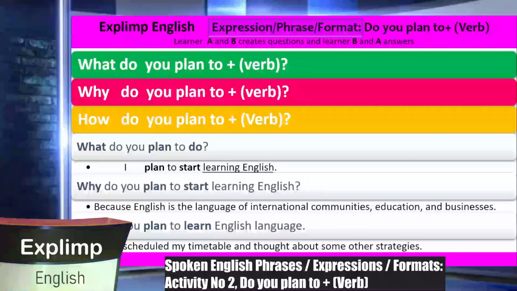You should also have some other strategies, because the process of doing something, how you would be doing it, is very important, right? Okay, so we have created these questions about what and why and how. Please remember, the questions why and how will be attached with every other WH question, right?